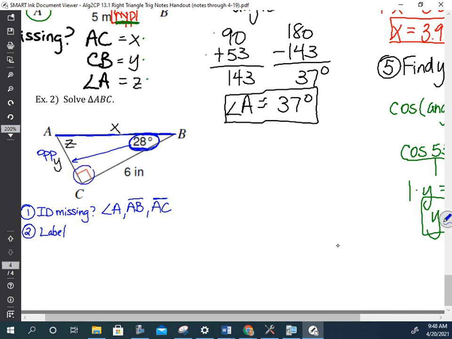Across from the right angle, that's your hypotenuse. That means the side that's left over is your adjacent. Any questions before we continue?